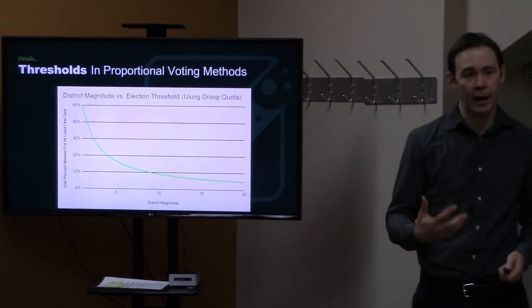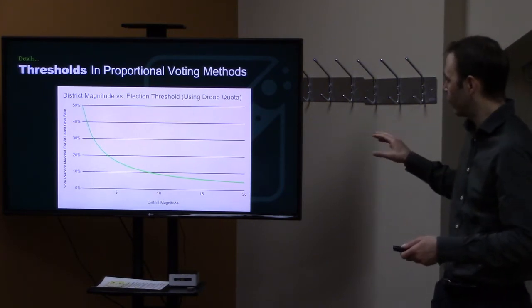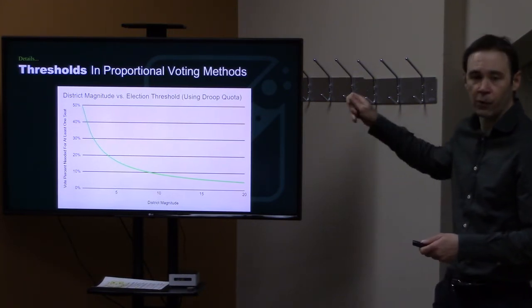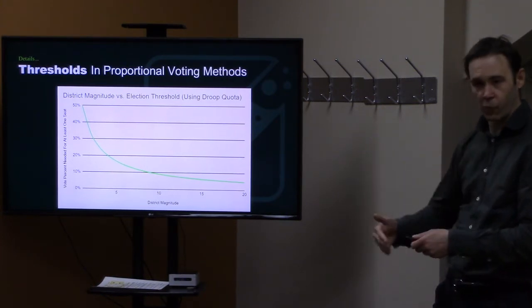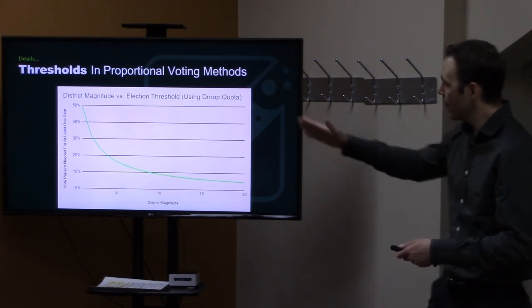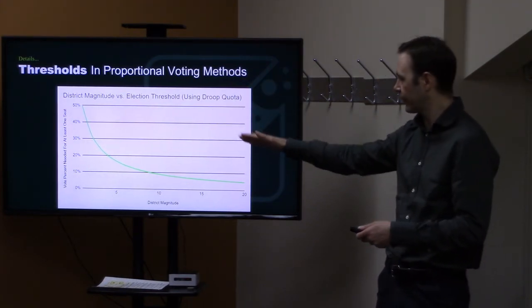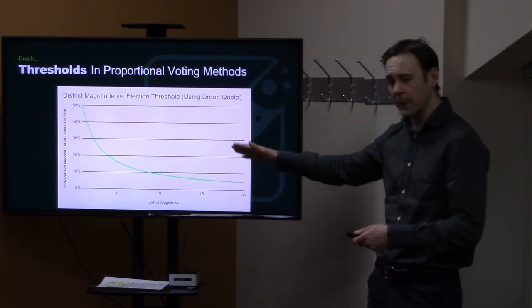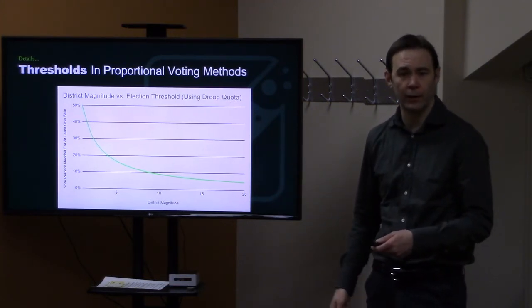You also have to be mindful of the district magnitude, or how many people are elected at the same time within a district. Because the more people you have elected at the same time, the lower that threshold is, which is how easy it is to get someone elected. And also, the more people elected at the same time, the greater the proportionality you get as well.